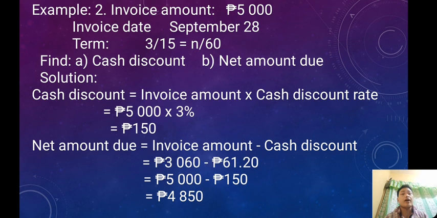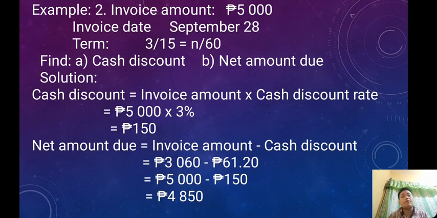Next example, we have an invoice amount of 5,000, the invoice date is September 28, and the term is 3/15, n/60. Again, find the cash discount and the net amount due. Solution: cash discount is equal, again, to the invoice amount multiplied by the cash discount rate. So we have 5,000 times 3%, which is equal to 150. To get the net amount due, we look at the difference of the invoice amount and the cash discount.